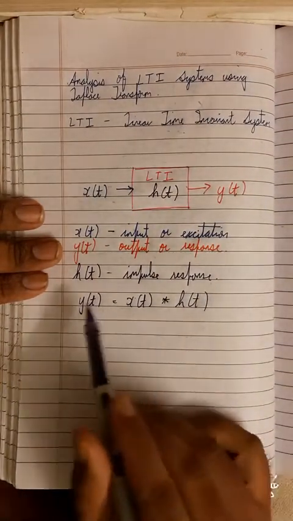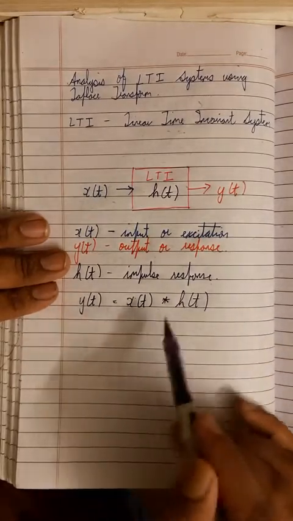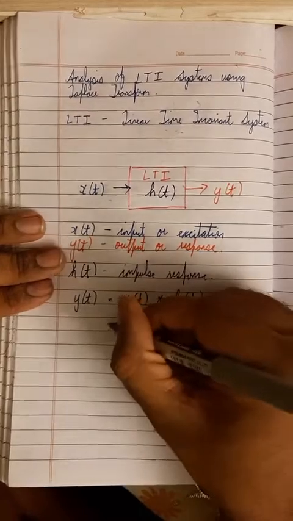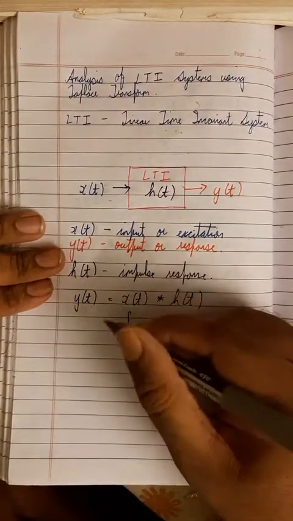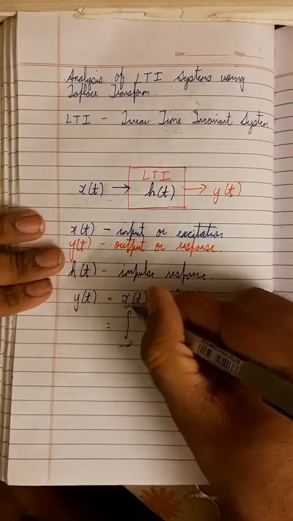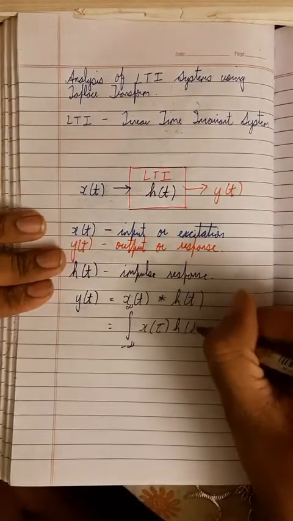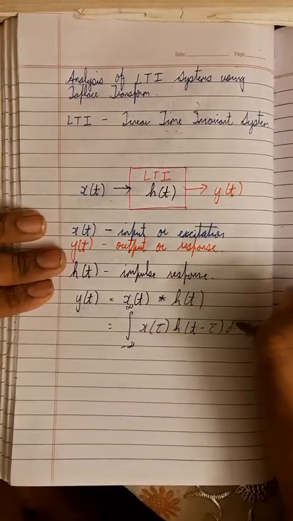We have already learned this equation: y of t is equal to the integral from minus infinity to plus infinity of x of tau into h of t minus tau d tau.